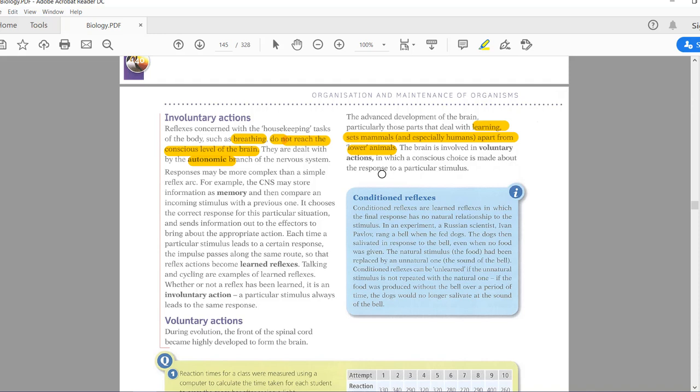This part contains parts that are responsible for learning. That's why us as mammals, especially humans, we are apart from the lower animals. It means our brain developed more than the brain of other animals.